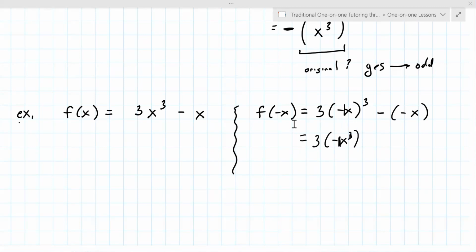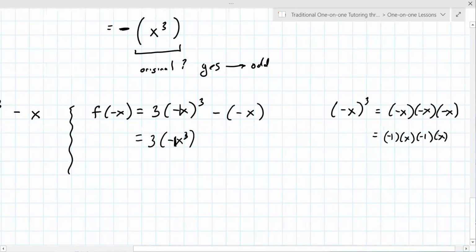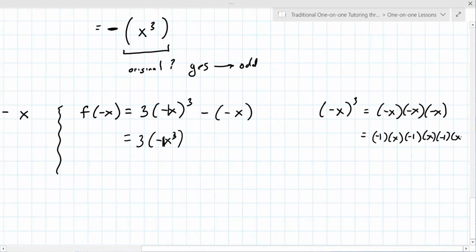Okay, let's just pretend it's not clear, because let me show you literally what it is. Negative x to the power of 3 means the following: negative x times negative x times negative x. And you don't want to do this every time, but sometimes it's good to see the expanded form so that you're like, oh, okay, now I get it.